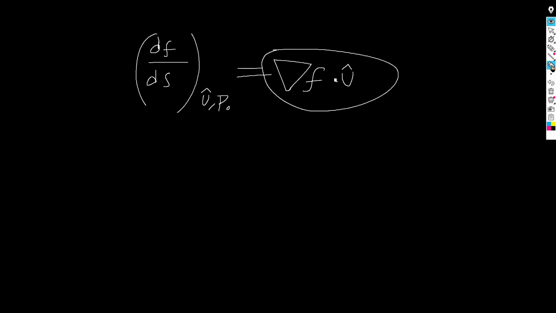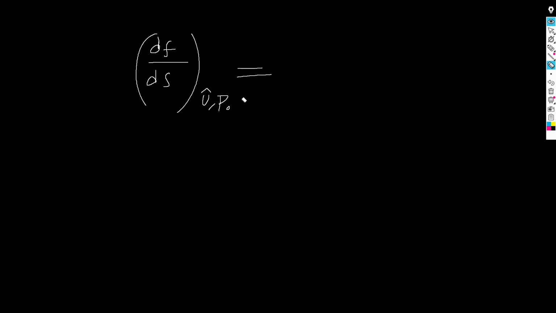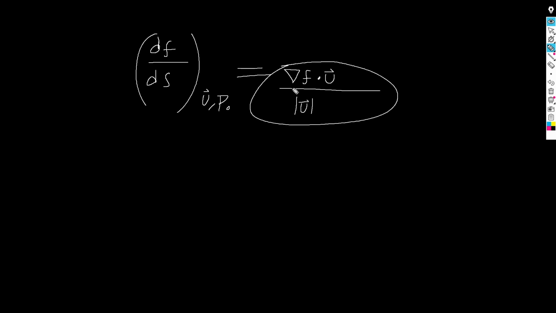Actually, this definition only applies when u is a unit vector. If u is not a unit vector, then we rewrite it as this. This is the general one, but since for a unit vector u this is just 1, we can just keep with this. But for simplicity, we'll use unit vectors.